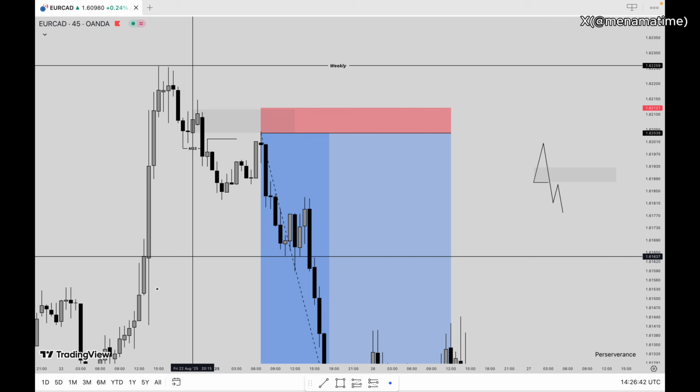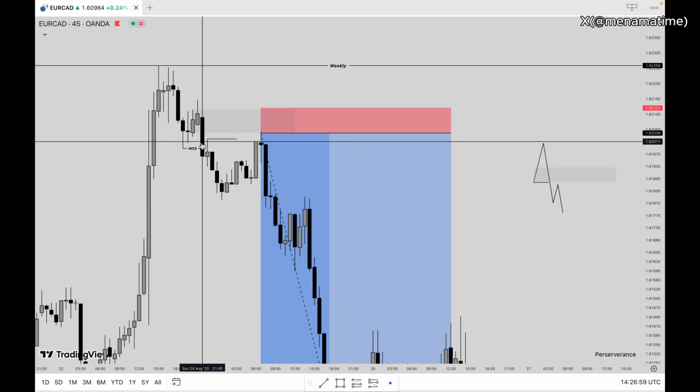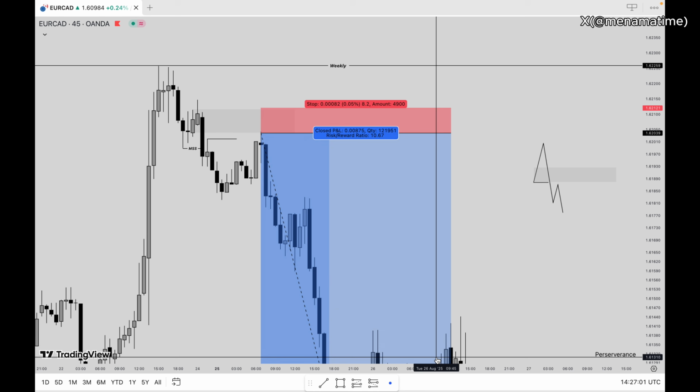You know that we have 4 rules of picking our point of interest, which I've also talked about. One of them says that it has to trigger a market structure shift or a break of structure. So this is the point of interest that triggered the market structure shift.